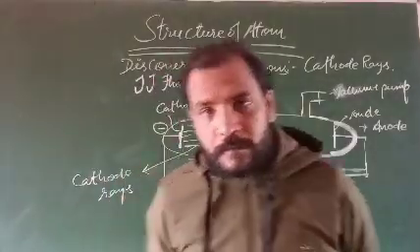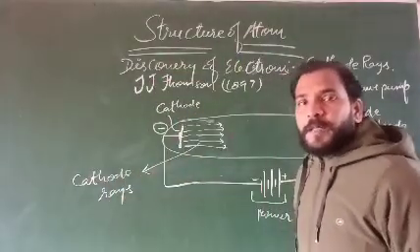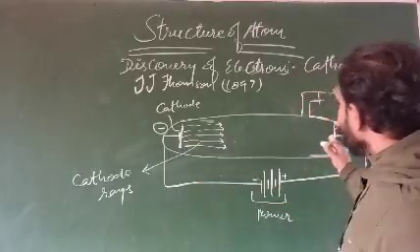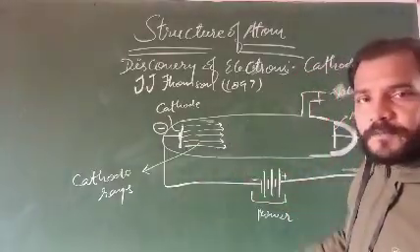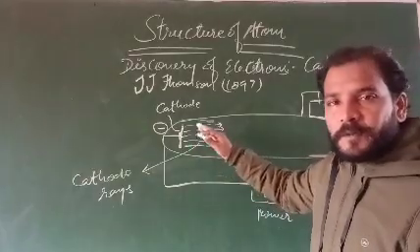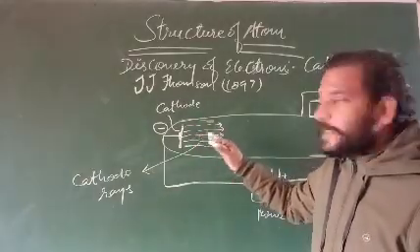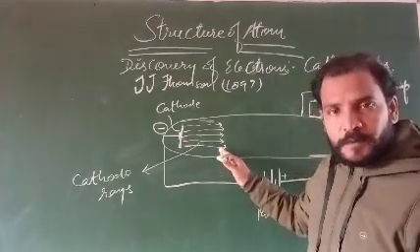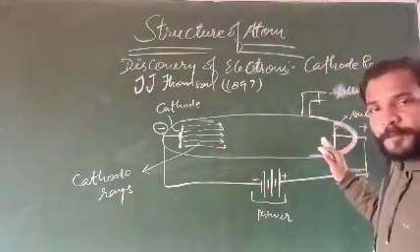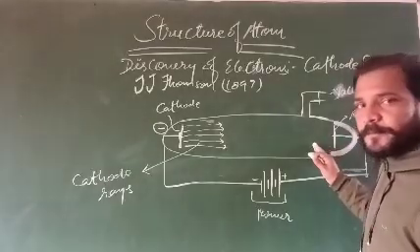When very high voltage is applied between these two terminals of the discharge tube, rays originate from the cathode and move toward the positive terminal, that is the anode.